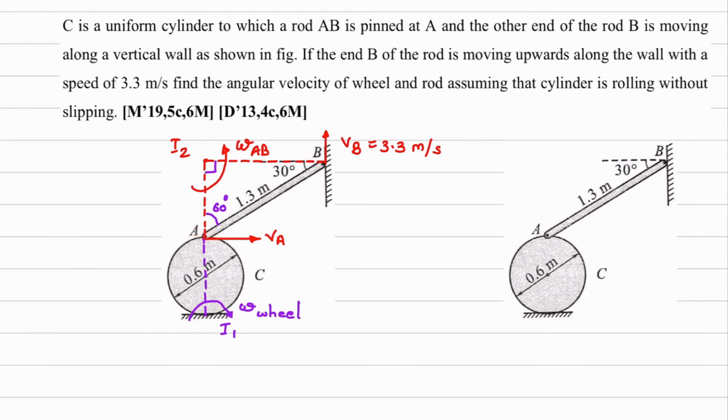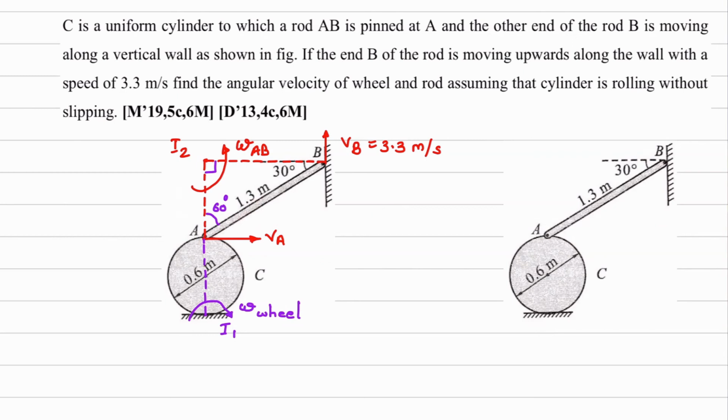How will we understand the direction? Keep your thumb at this location, keep your index finger at point B and rotate it in the direction of the arrow. It is anti-clockwise, so omega AB will be anti-clockwise. After that, keep your thumb at I2, keep your index finger at I, and rotate your index finger in anti-clockwise direction. So that is why we understand that the velocity of point A is in this direction.